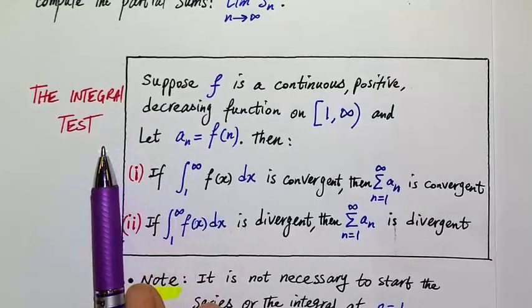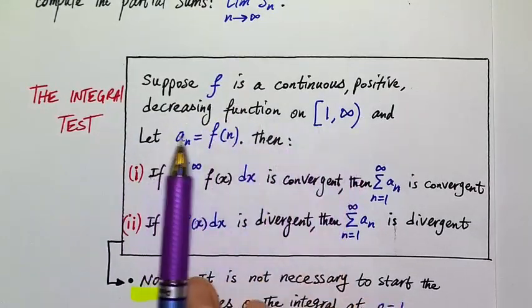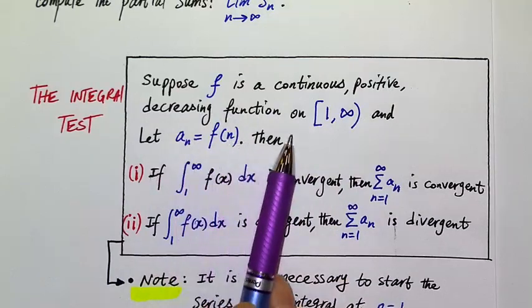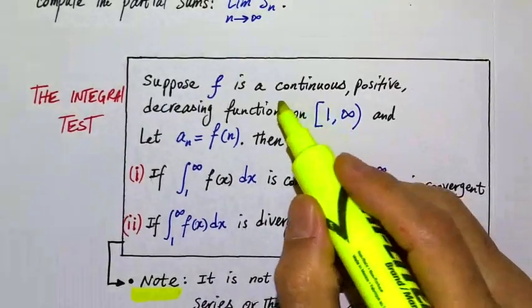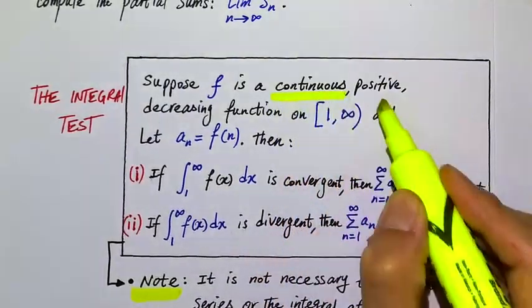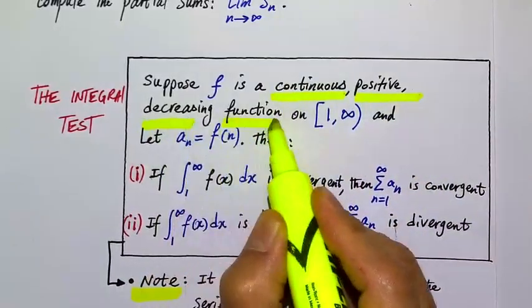For the integral test, suppose f is a continuous positive decreasing function on this interval. This is a loaded sentence because each of these conditions, if they're not satisfied, we cannot use the integral test.